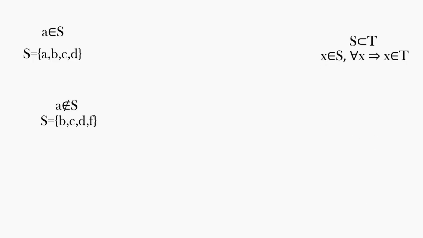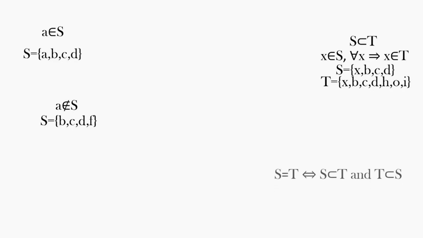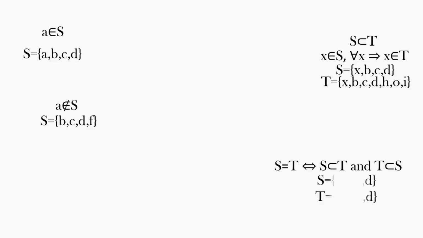Then we get that S is a subset of T. So, if x is an element of S, it means that any such x is an element of T. Sets are equal only if they have the same elements. So, S is equal to T only if S is a subset of T, and T is a subset of S.